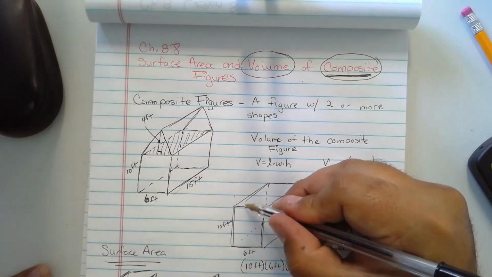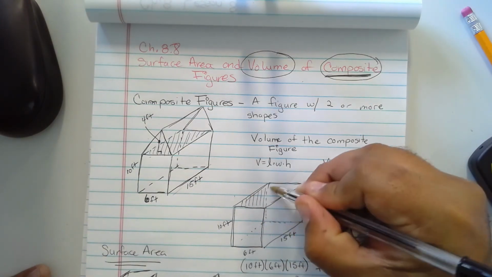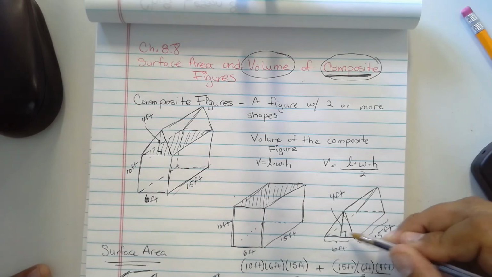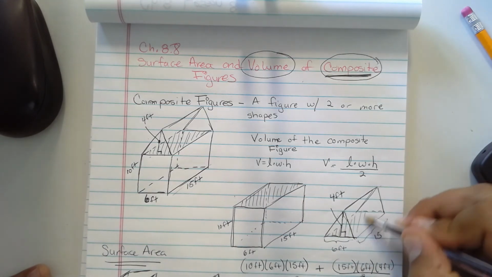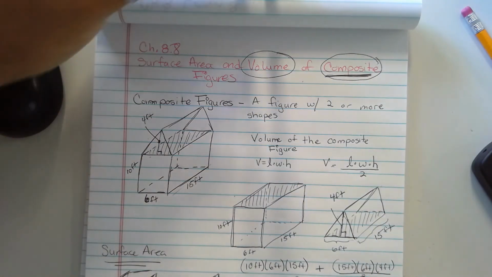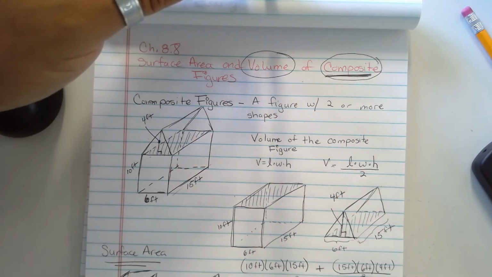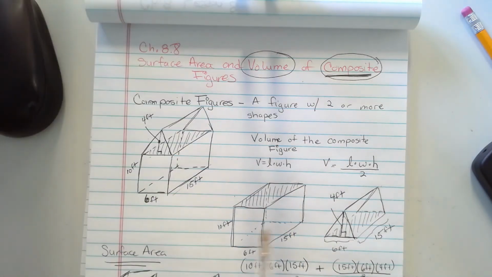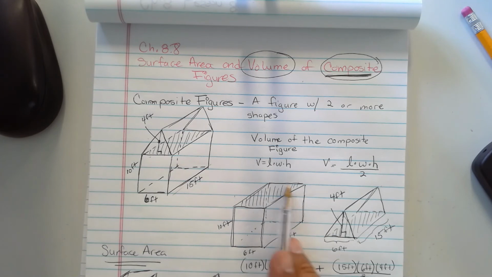So we're looking at this part here, and this bottom part here overlaps. So what we have to do here at the end is to subtract that part by 2. So first things first, what is the area here? How do we find that area? 6 times 15.